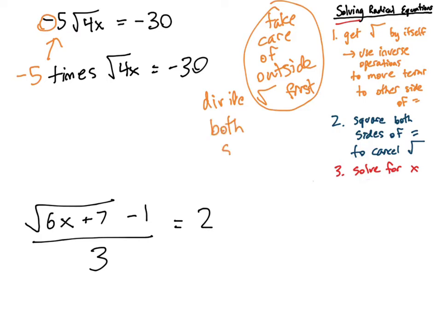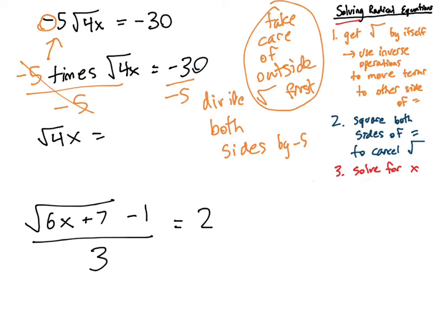Let's divide both sides by -5. That's what will cause this multiplication to cancel out. So when we divide -5 by -5, that's 1, and we're just left with square root of 4x. And -30 divided by -5 gives us +6.